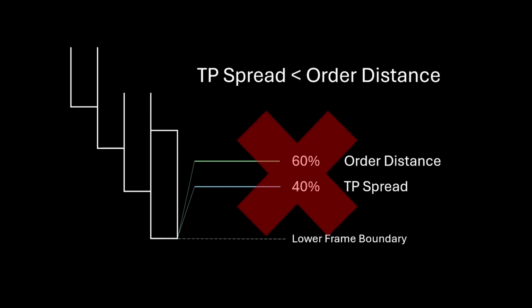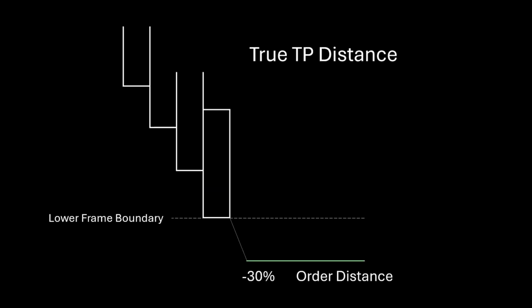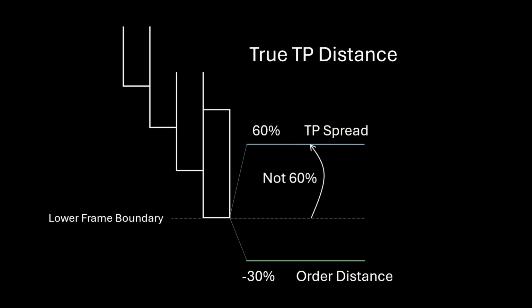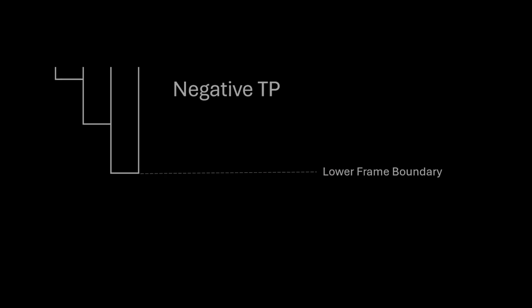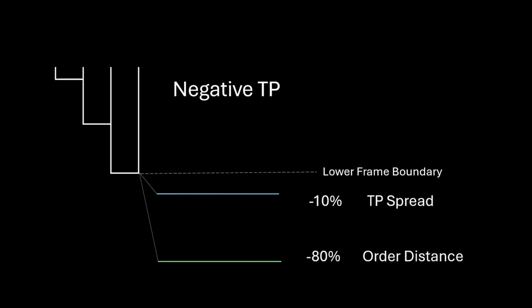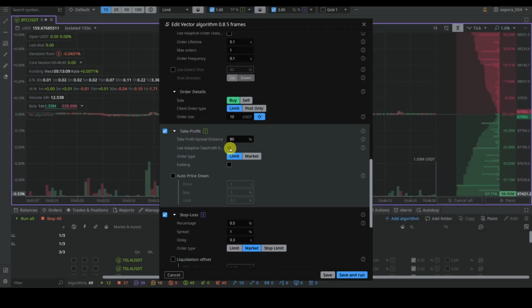Number two, if you have a negative order distance and a positive take profit spread, it means that the price has to travel back that much farther to get to your take profit. Number three, a negative take profit setting might actually make sense if your order distance is also negative and greater in magnitude.